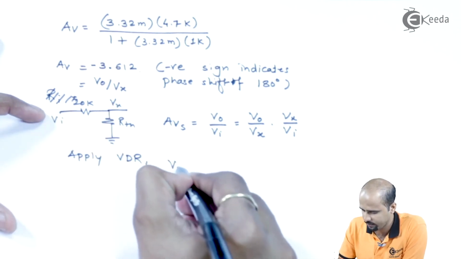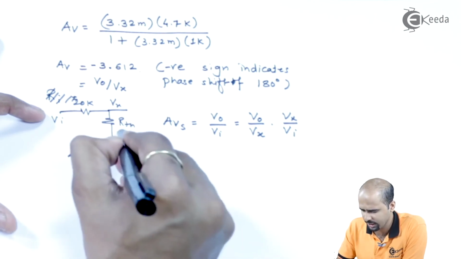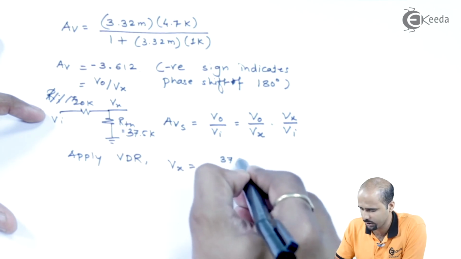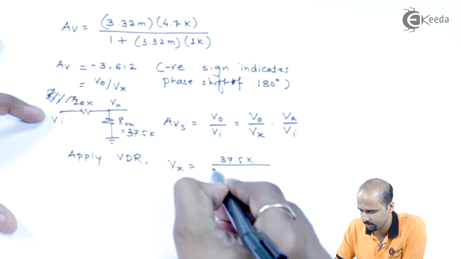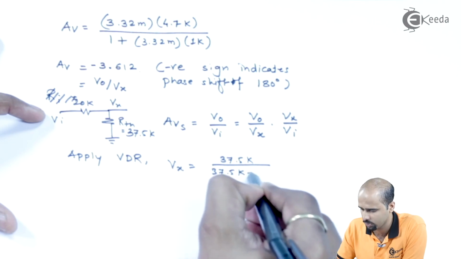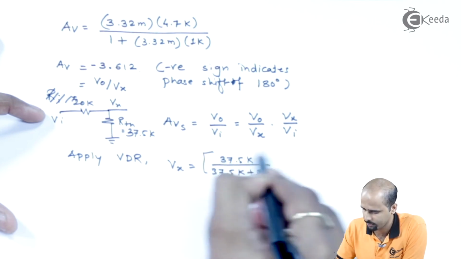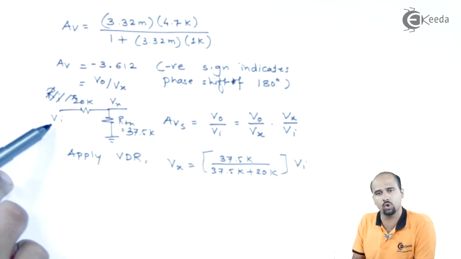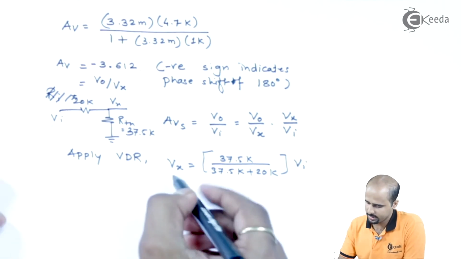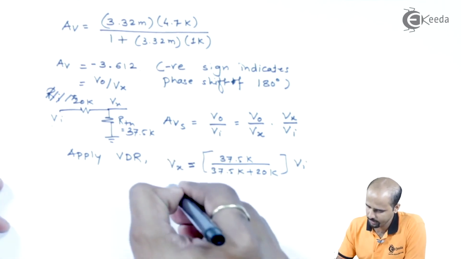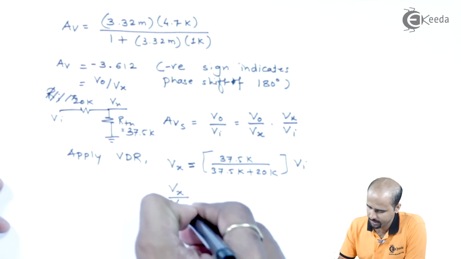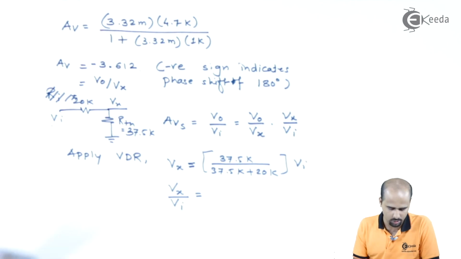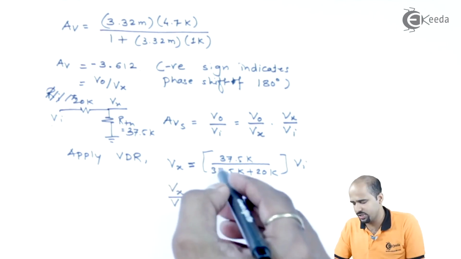We can say that Vx is equal to RTh having value 37.5 kilo, so 37.5 kilo divided by 37.5 kilo plus 20k, multiplied by total voltage, that is Vi. Obviously it will be less than 1. So the answer is 0.65.